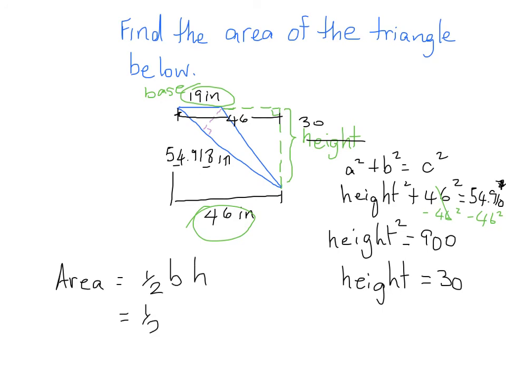So a half, and our base, we may recall, is 19 inches, times the height that we just found, which is 30 inches, will give us the area of our triangle. So our area is 285 inches squared. And that's it.